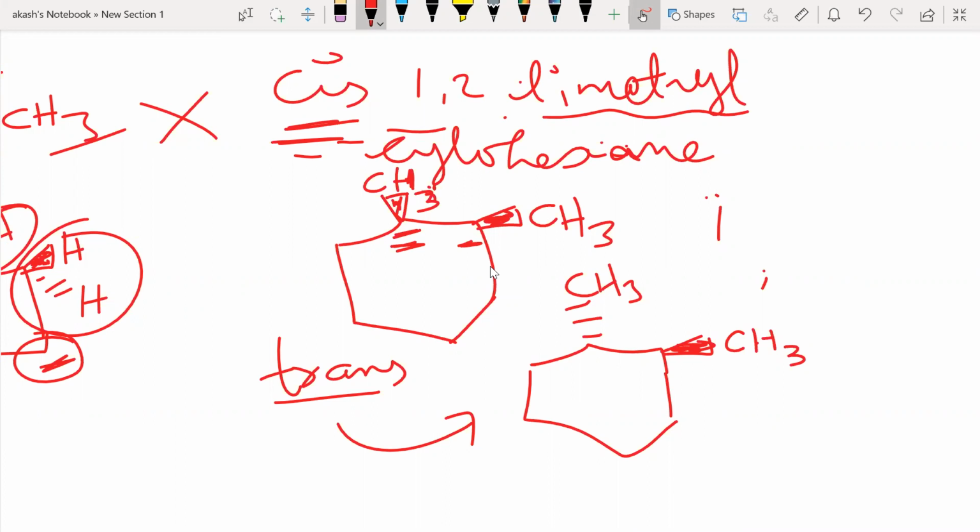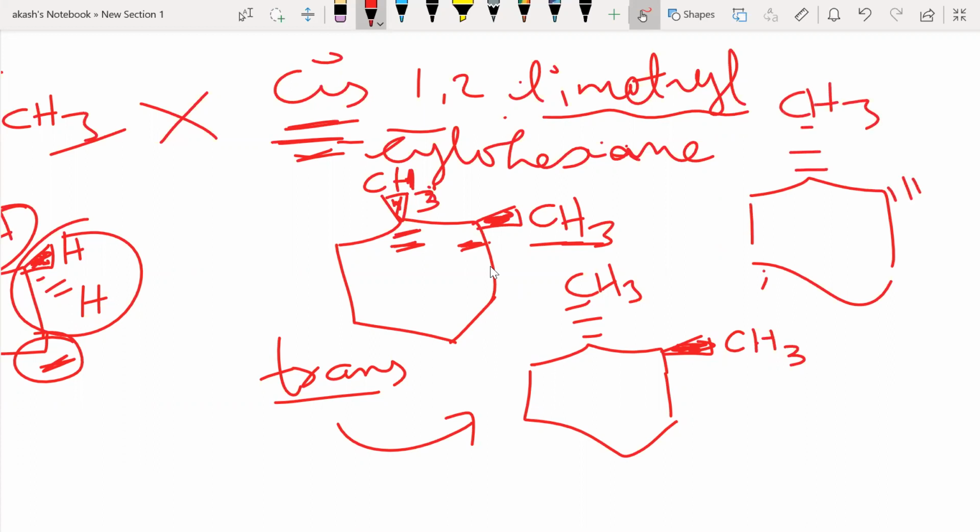So here you have put the first methyl group pointing towards you. If that's the case, there is no other choice. If it is cis, you have to put the next methyl group also pointing towards you. Or if I have put the methyl group pointing away from me, you should put the methyl group here also pointing away from me.